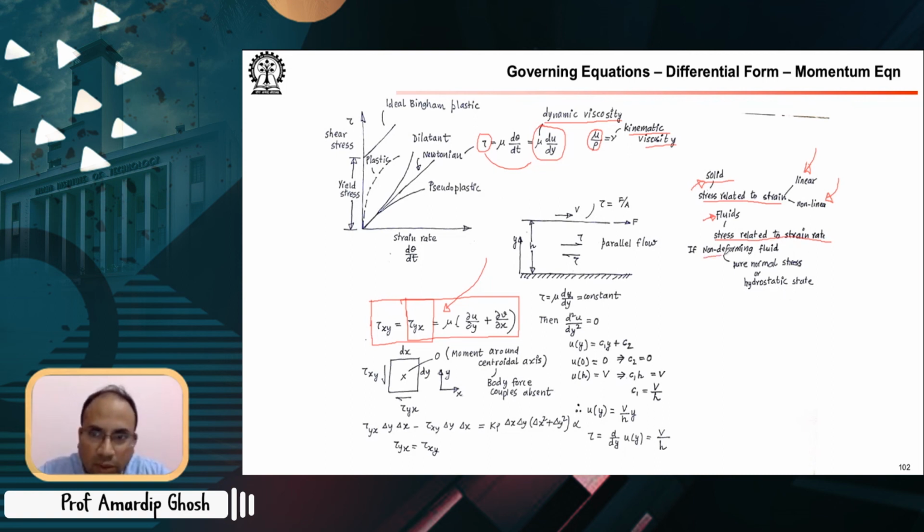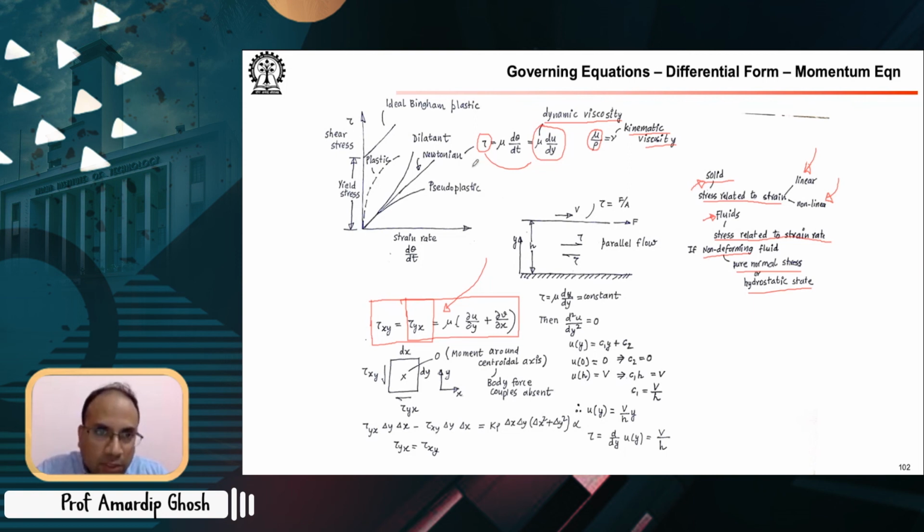So again, if it is non-deforming, then we are looking at pure normal stress or hydrostatic state, because the moment you apply something that is not normal stress, essentially the moment you are applying shear stresses, the fluid will start deforming. Once again, since the fluid will continuously deform, it is meaningless to talk about the relationship between stress and strain. But we will see that stress is related to the rate of strain.